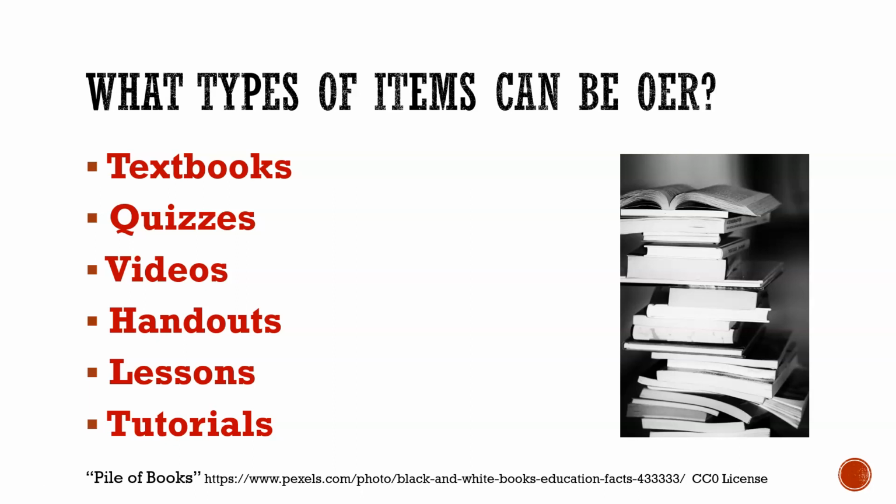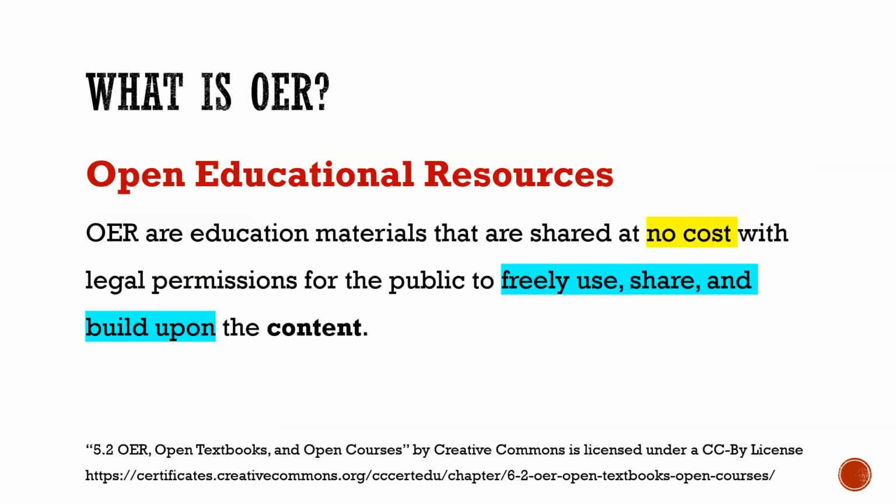So that being said, going back to the definition of open educational resources, I highlighted two specific parts of that definition that really make up what is foundational for something to be not just an educational resource, but an open educational resource. And these two elements I've highlighted are this no-cost element and this element of freely using, sharing, and building upon content.